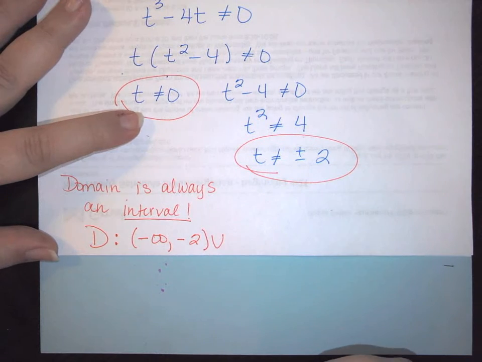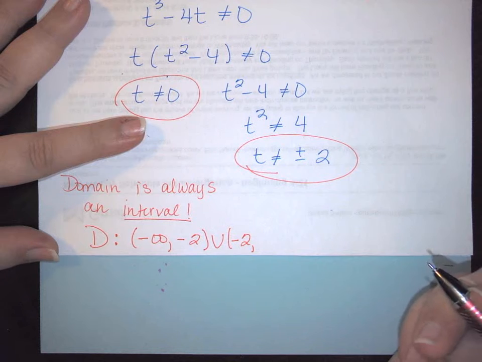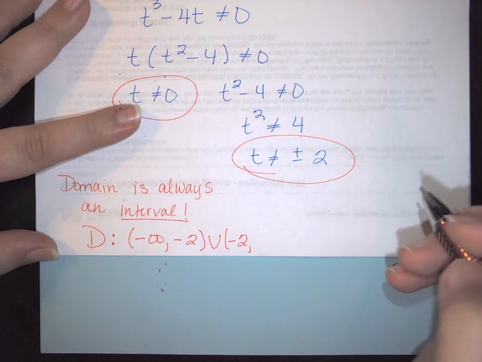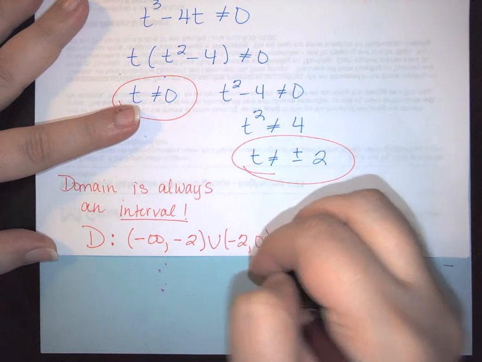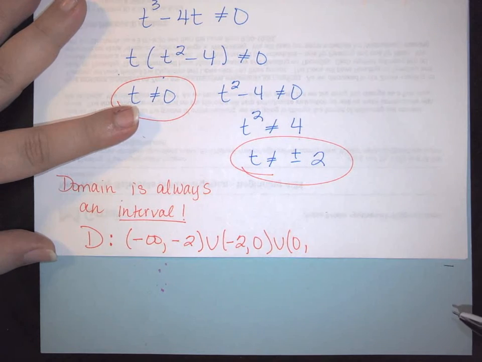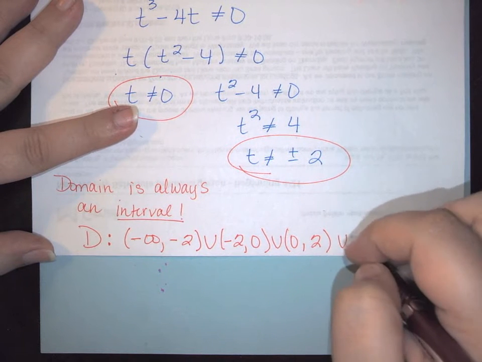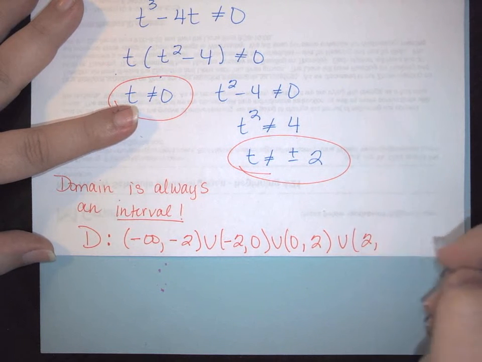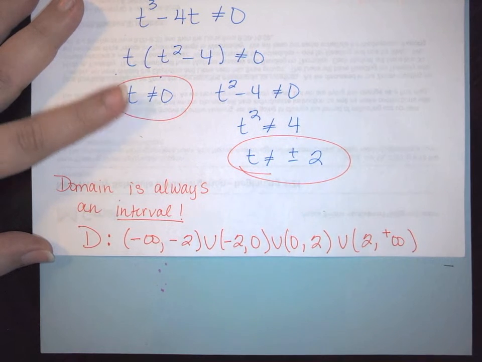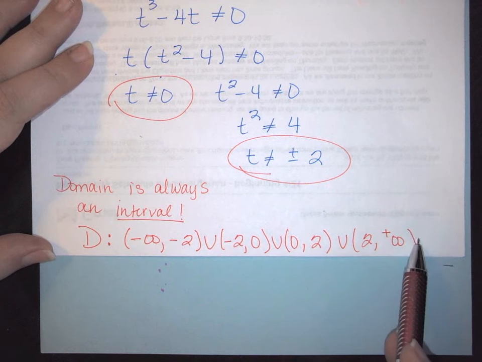Then I put in my union symbol and pick up where I left off at negative 2, and travel up to the next smallest value, which is 0. Then pick up where I left off and travel up to the next, which is 2. Pick up where I left off and continue. In this case, we don't have any other values but positive infinity. So this would be your domain.